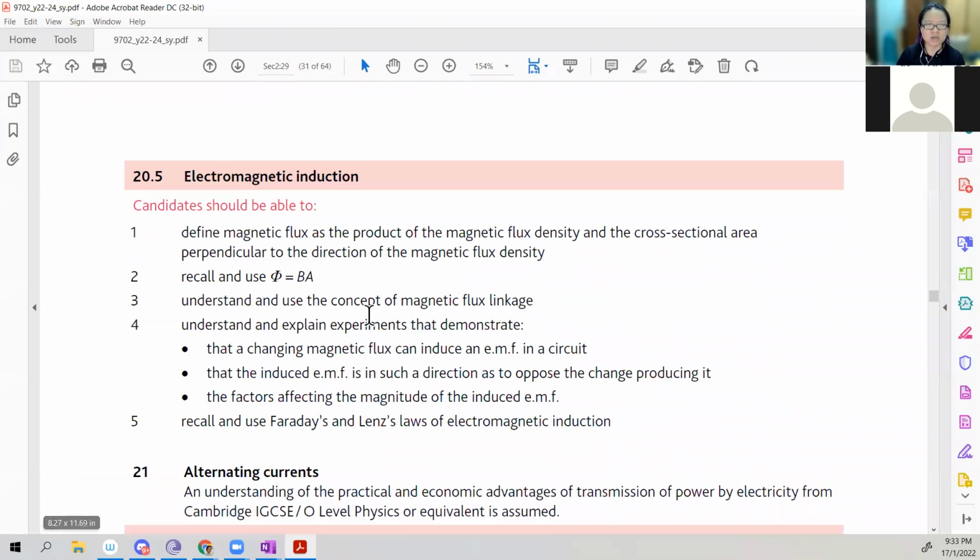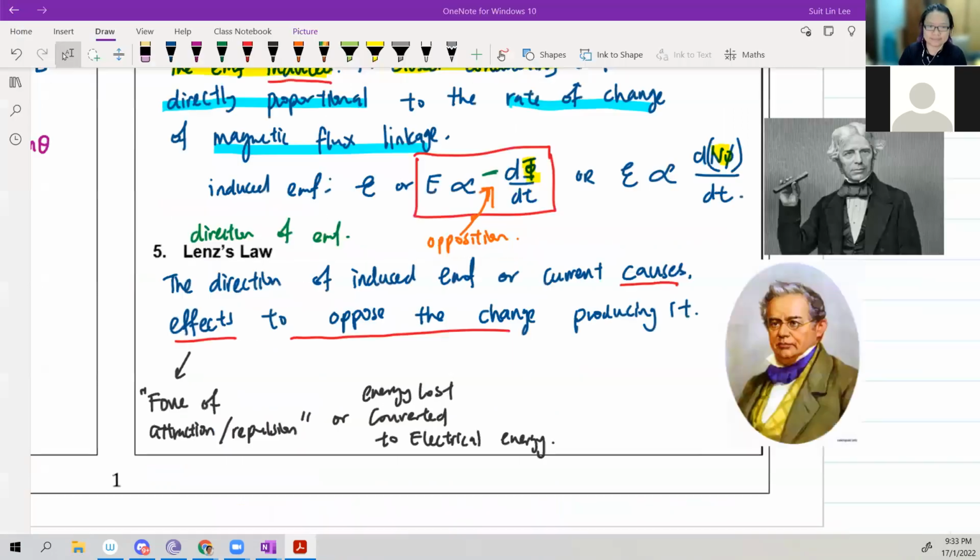So this part, when they say experiments, this is very ambiguous. So CIE have asked very, very different questions. So when you study magnetic field, more or less the examples are fixed. But in this chapter or this part, you can ask anything.